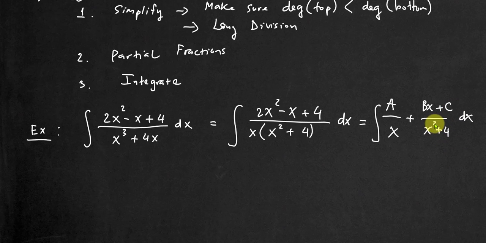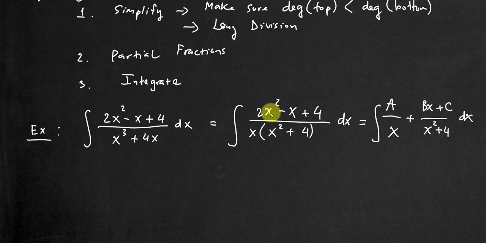Because this is a second degree polynomial, or quadratic expression, the numerator must be a linear expression, Bx plus C. I already used A, so I should use another letter, B, and a constant C. Okay, so now what is the next step to help us solve for A, B, and C?